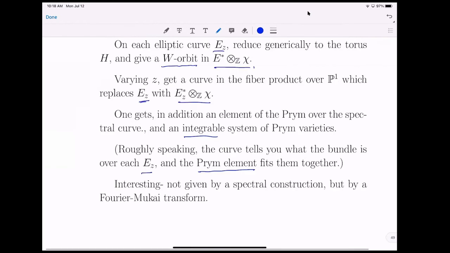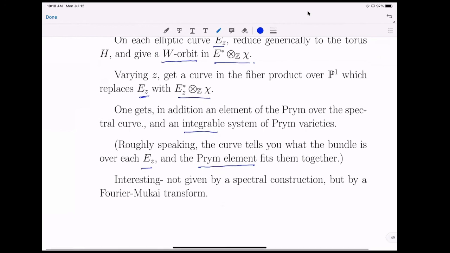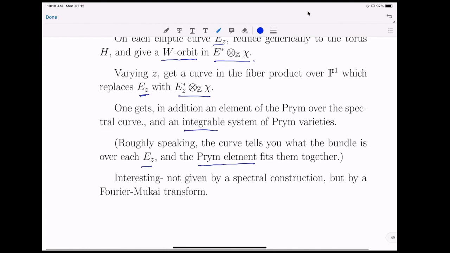So it's an interesting example because it's not given by a sort of spectral construction, but by a Fourier-Mukai transform. So it's a sort of spectral decomposition of the bundle by twisting with line bundles that will pick this out. And of course, it's a thing that's relative over P1. And it's another example of these rank 2 systems.